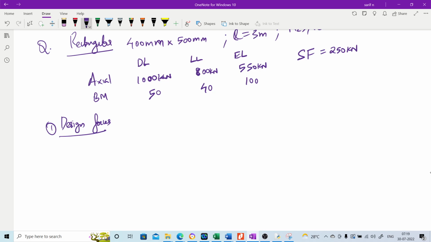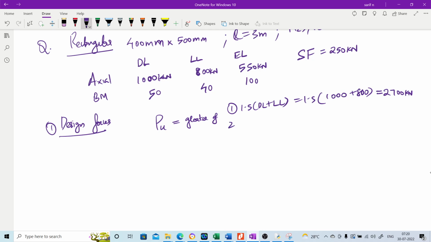For the first load combination, for axial load, Pu will be the greater of: first, 1.5 into dead load plus live load, that is 1.5 into 1000 plus 800, and this value is 2700 kilonewton.